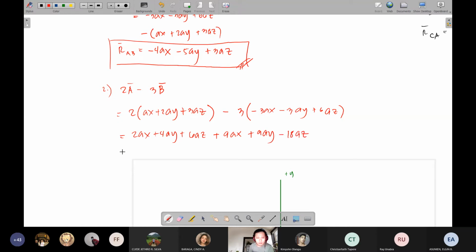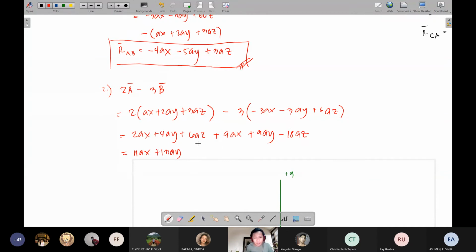For the ax, 2ax and 9ax, you have 11ax. Then for the ay, 4ay and 9ay will be plus 13ay.